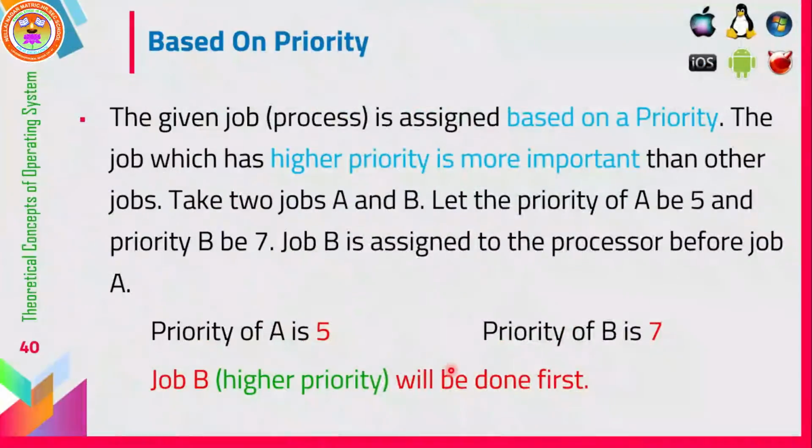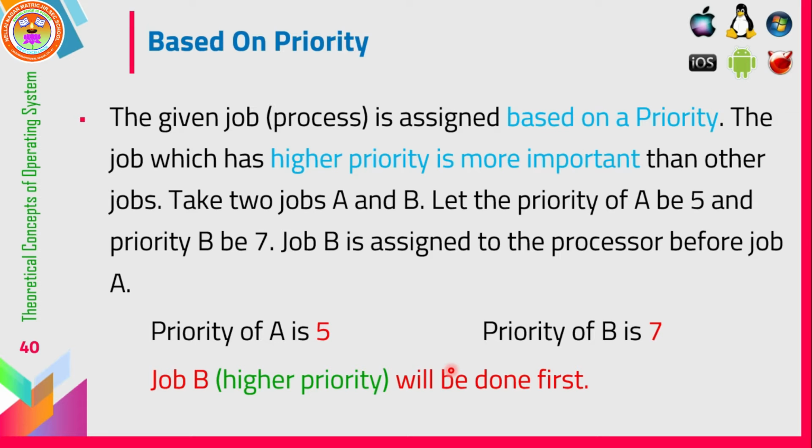This is another one, based on priority. This is the fourth and last process management algorithm. Here the given job is assigned based on priority. As per the priority you give, the job should be executed. Understood? The job with higher priority is more important than other jobs, so the job you give the higher priority will be executed first.